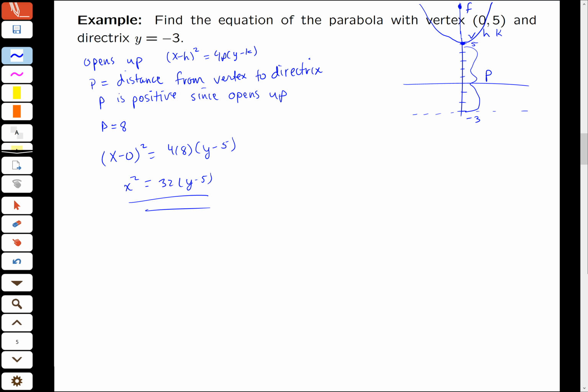There's our answer. We like the ones that say find the equation of. Those don't have much work. But when they give you a simple general form equation and ask you to put it in standard form, you know you have to be completing the square. That's going to take a fair amount of work.